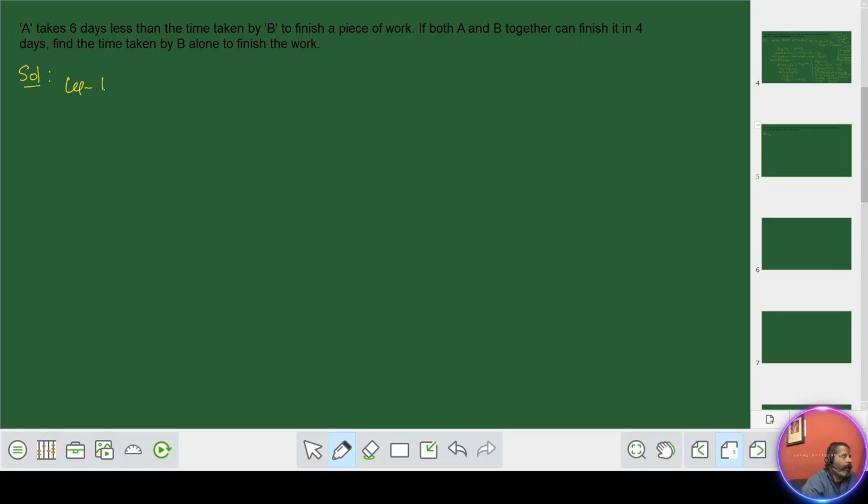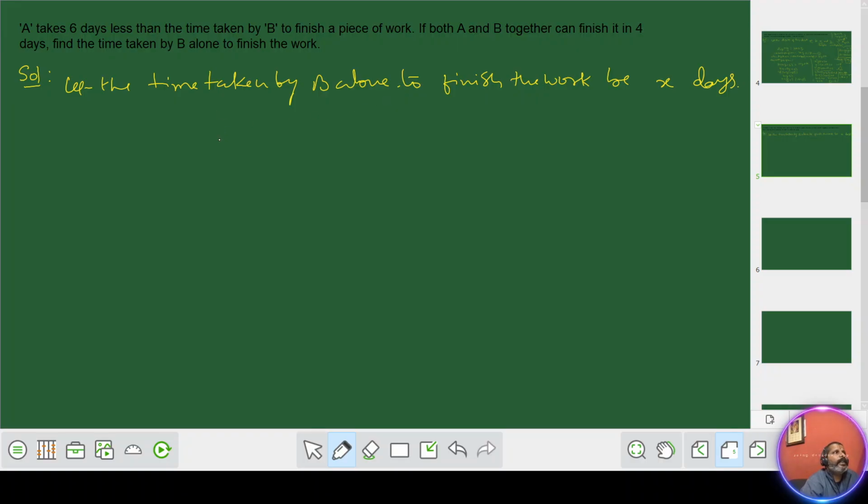Let the time taken by B alone to finish the work be x days. Then what is the time taken by A?